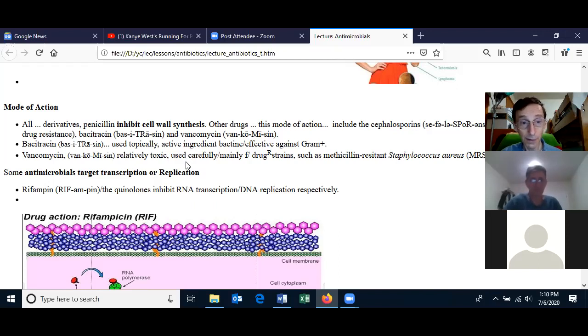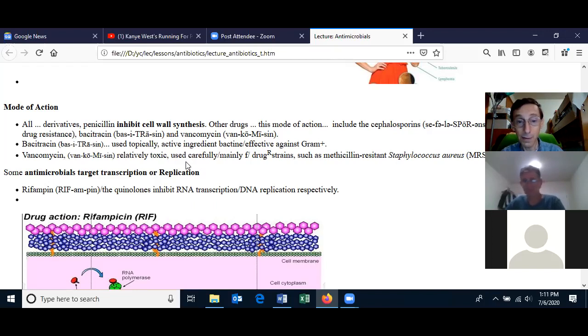Bacitracin is mostly used as a topical treatment of antibiotic, so you rub it on as a cream. If you've ever taken that antibiotic, it's effective against gram-positive bacteria, but it's not effective against gram-negatives. Vancomycin is rarely used. It's relatively toxic.